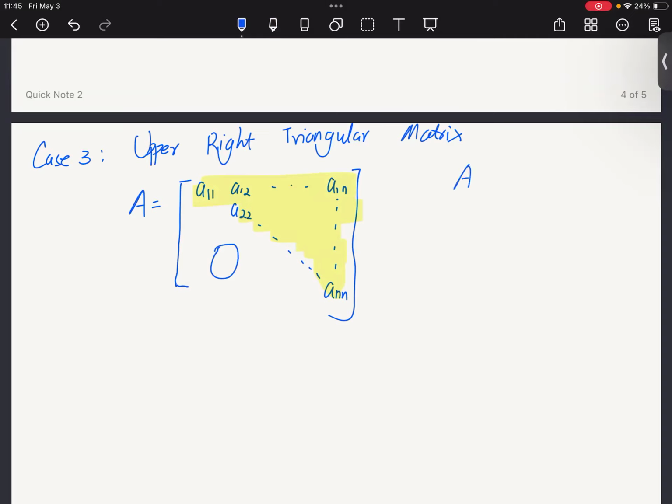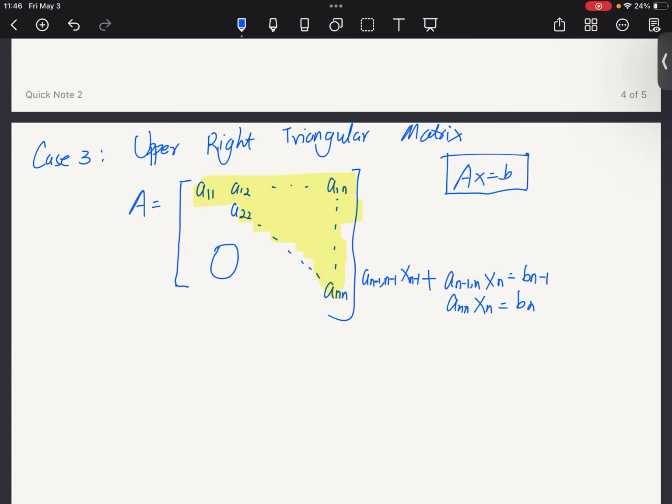So if I write AX equals B into the original format, what can I get? From the bottom, I have Ann Xn equals Bn. And then the second-to-last equation: A(n-1,n) Xn plus A(n-1,n-1) X(n-1) equals B(n-1).